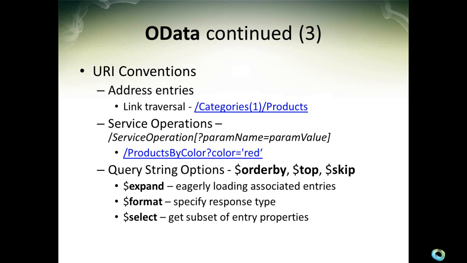So we can imagine that order by will sort the entries. Top will give you only the first n number of entries, and skip will skip n number of entries and give you the next ones.